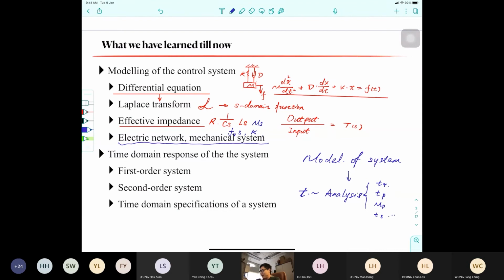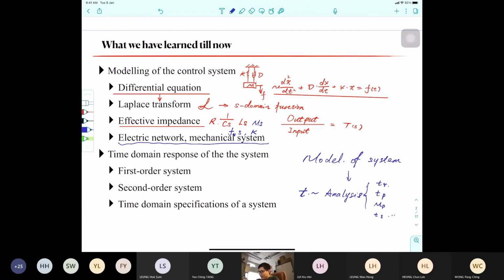Up to now they are all about time, right? In which time it comes to the peak, in which time it has an overshoot, in which time it can have a relatively stable response.